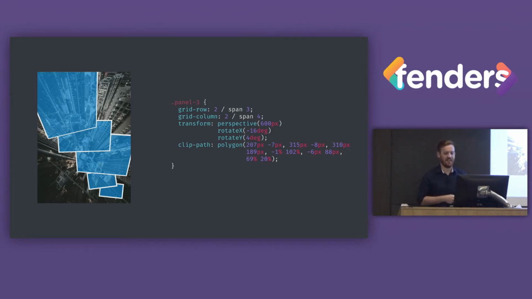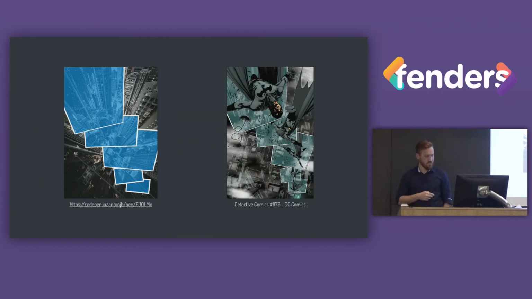We can add that over the back and essentially cut out the shape from behind. It gives a really nice effect as if there's one whole border surrounding our entire layout. Again, something that would have been quite tricky to do with the transparency and all of that before. So there we go. We've recreated Batman minus Batman.